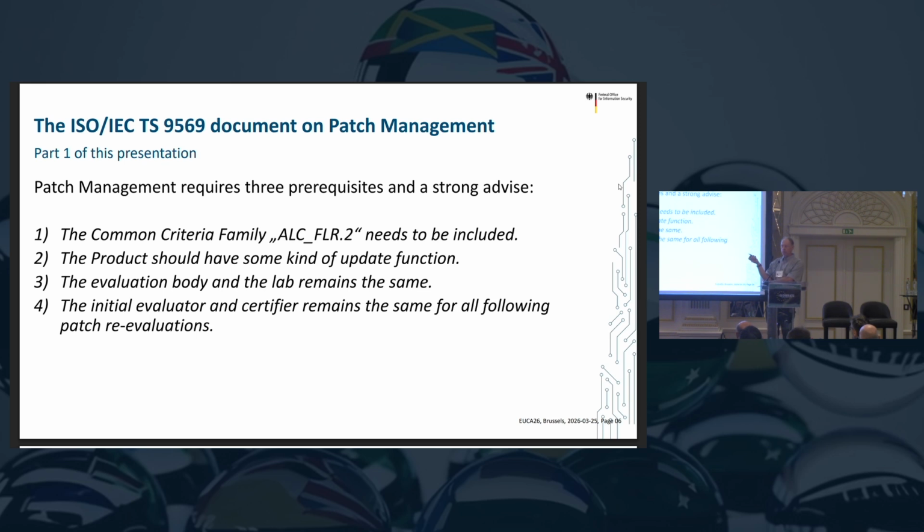For example, if you have a security product which is just a library, it's usually not updated, it's just replaced by the administrator, loaded by a new version. Or you have more and more apps, and apps might not have their own update function. Maybe they depend on a third-party update function from an app store. And I think these products should not be excluded from the benefits of the patch management.